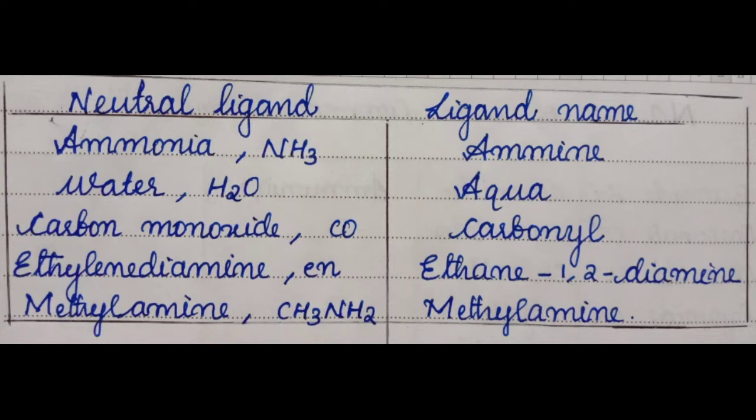In many cases we use this abbreviation en instead of saying ethylenediamine or ethane-1,2-diamine. These names, ethylenediamine and ethane-1,2-diamine, you can use, and preferably we use en, the abbreviation of ethylenediamine. Then methylamine, the ligand name is also the same, methylamine.